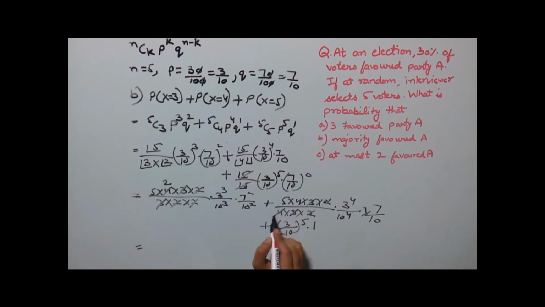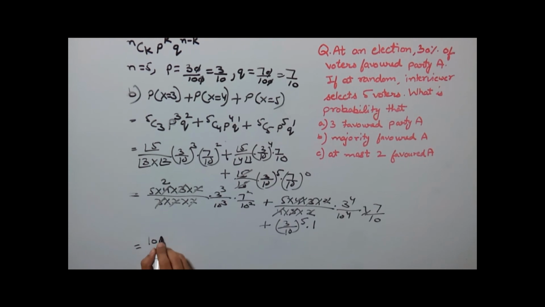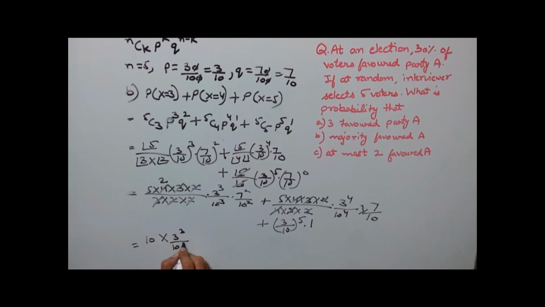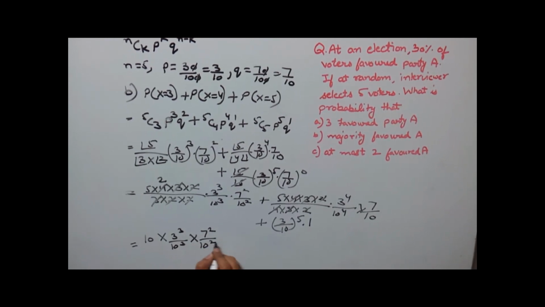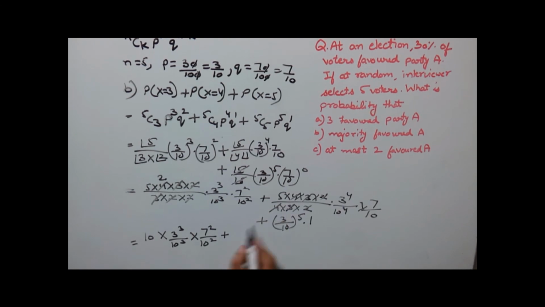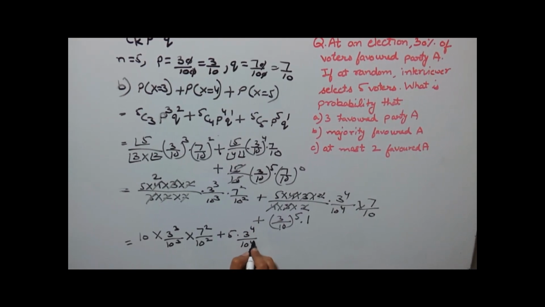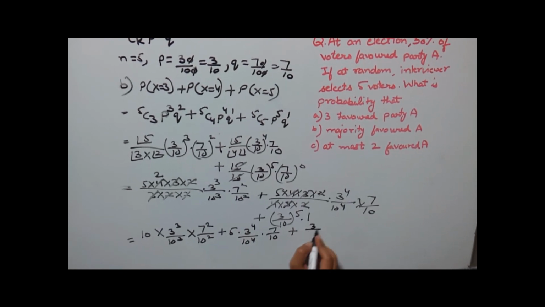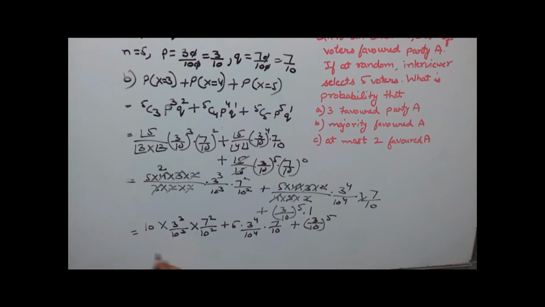Here again cancel them. So we get 5 into 2 is 10, into cube of 3 upon cube of 10, into square of 7 upon square of 10, plus 5 into 3 to the power 4 upon 10 to the power 4, into 7 by 10, plus 3 by 10 to the power 5.